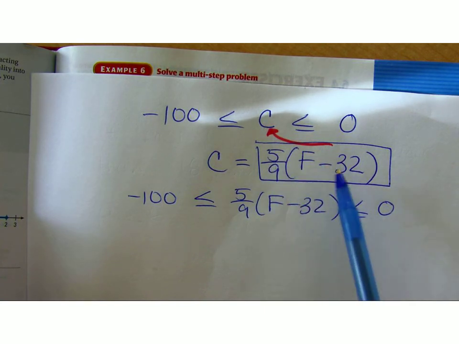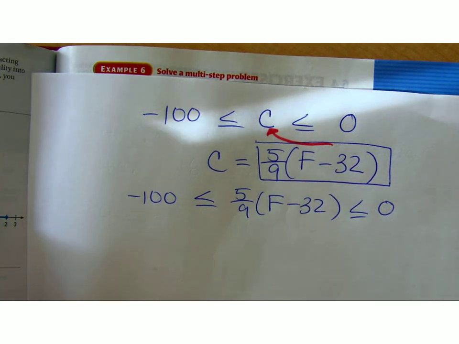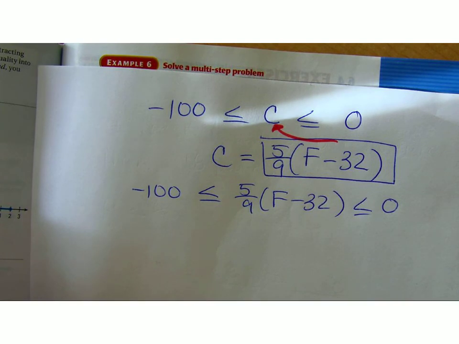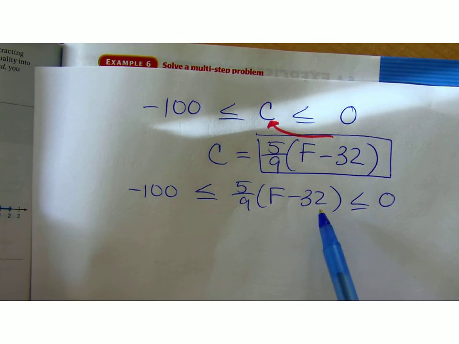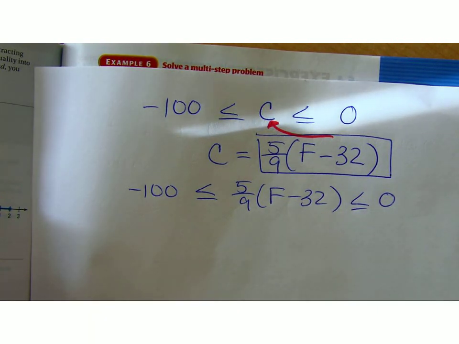Now this brings us back to solving an inequality with three sides. What should I do first? Does anybody feel like distributing 5/9? No, I don't. I don't want to do 5/9 times 32, so let's get rid of it. How do you get rid of it? This is a common theme. It's been popping up.